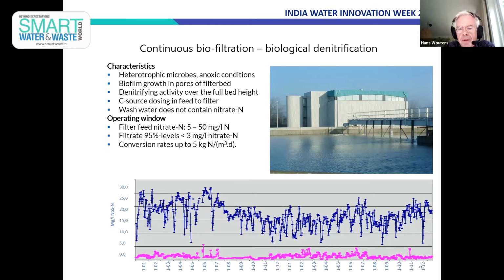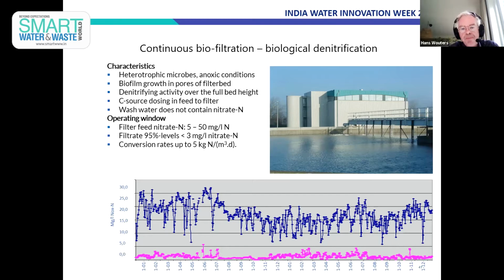It's a very stable process, and you can steer that, you can control that very nicely by dosing the right amount of carbon source in function of the oxygen concentration in the feed and the nitrate concentration in the feed. Conversion rates up to 5 kilograms of nitrogen per cubic meter of bed volume per day can be achieved. It's a very elegant process.